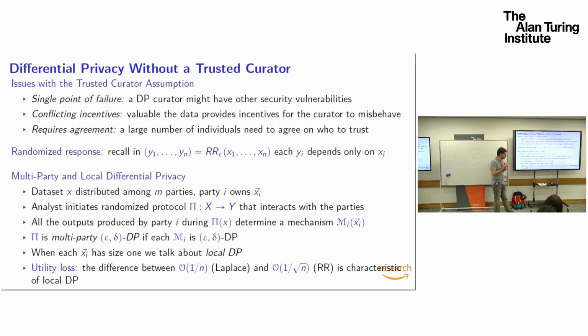There's a lower bound that tells you that you will lose utility. And the paradigmatic example is like I showed before, the error, for example, when you're computing means in terms of the number of examples. So in the curator case, for example, when we can apply Laplace, the error is going to be 1 over n, and in randomized response it's going to be 1 over square root n. And that's a fundamental restriction of local differential privacy.